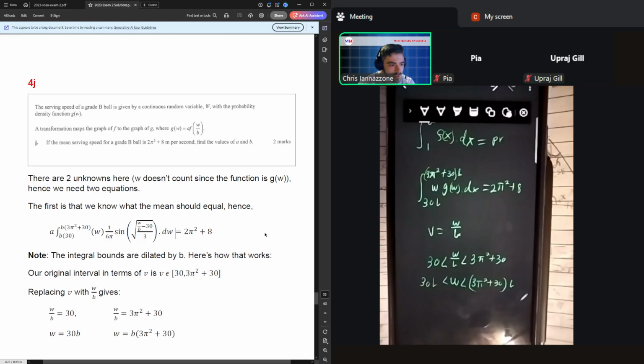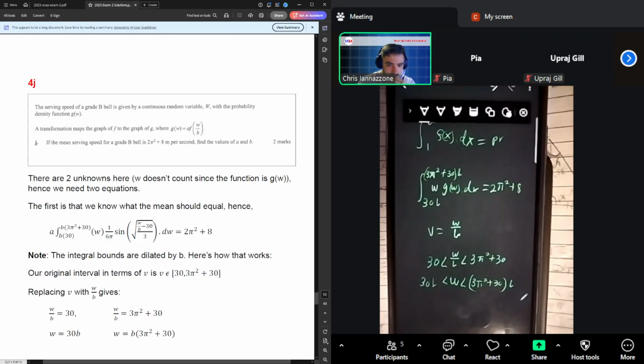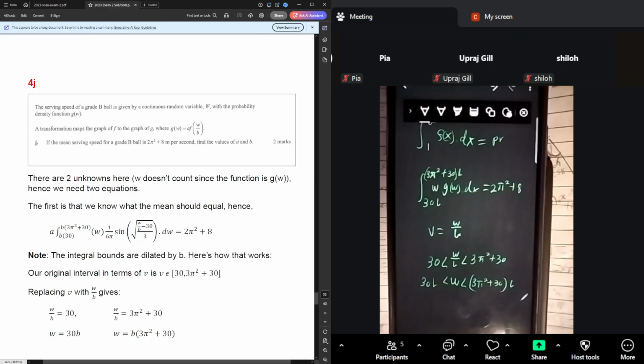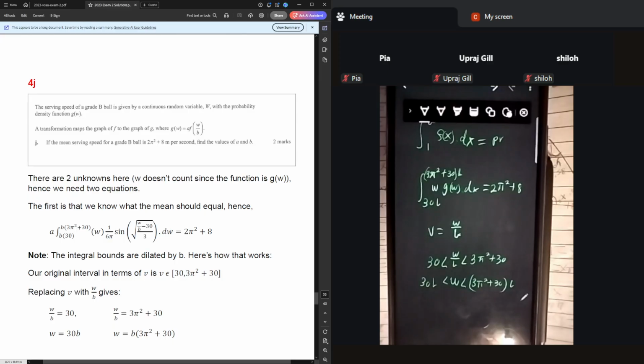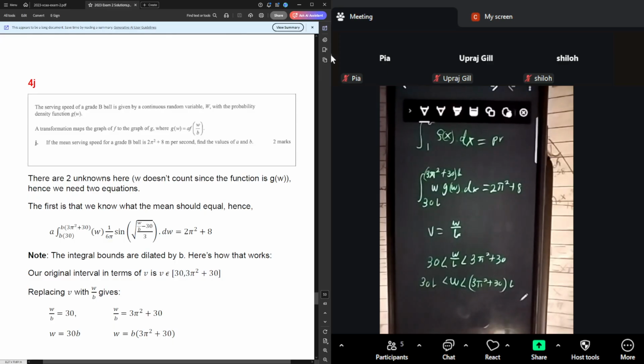So you always have this equation no matter what when you're dealing with continuous functions. You can always slide it in somewhere. So if you're not immediately getting it, think about what's true of all continuous functions, or what's a prerequisite for a function to be a continuous probability distribution.